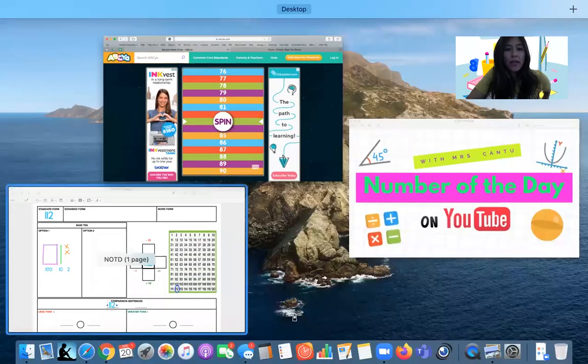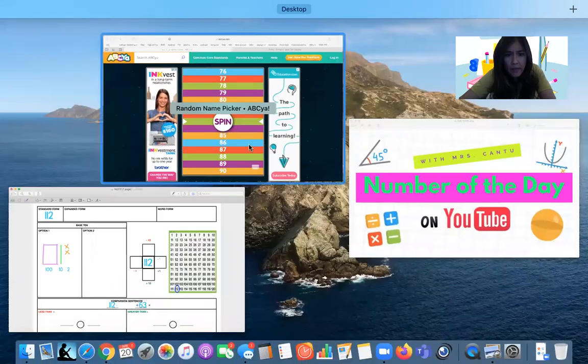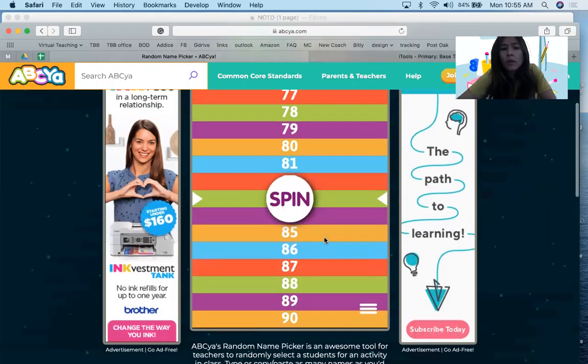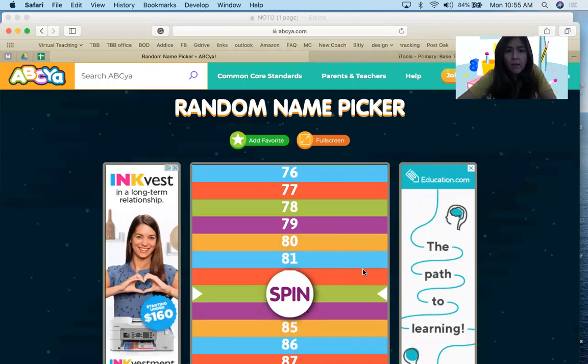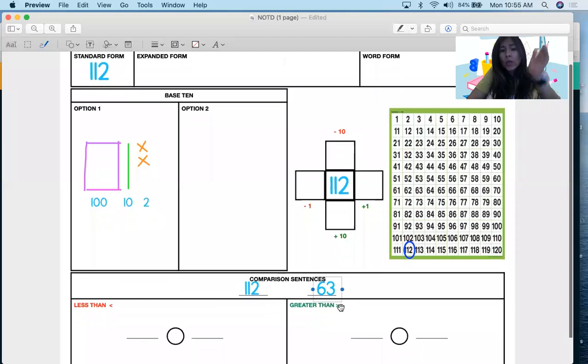All right, so now I take my number here and place it on the right. The number I'm going to compare, was it 63? Boys and girls, help me out, was it 63? Let's find out. 62, 63. All right, let's keep it at 63 because this teacher is getting old and I no longer remember what the number was. So let's compare 112 to 63.